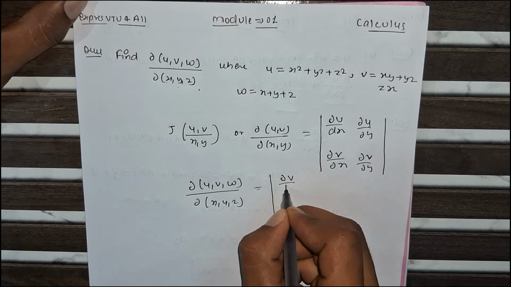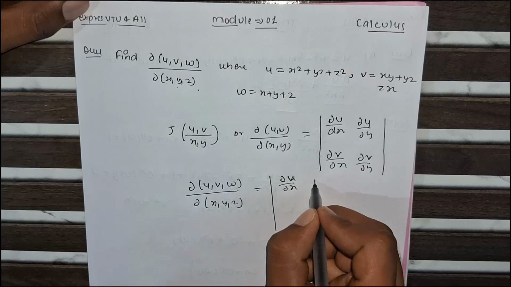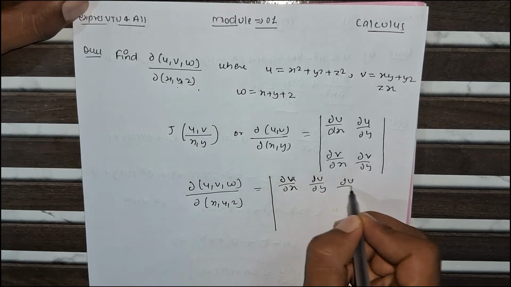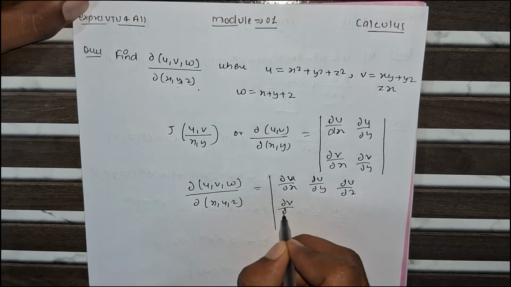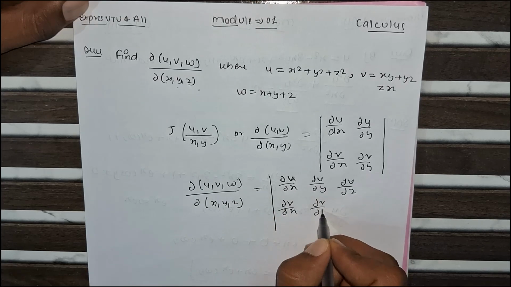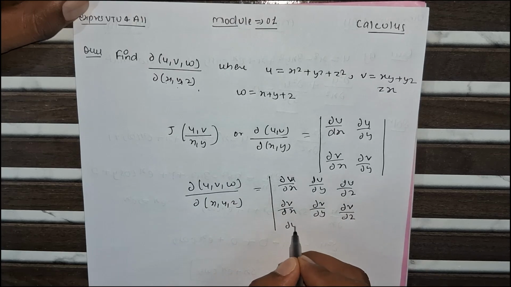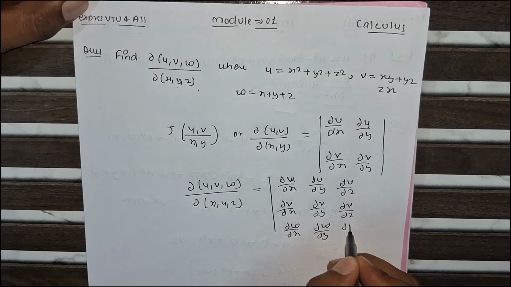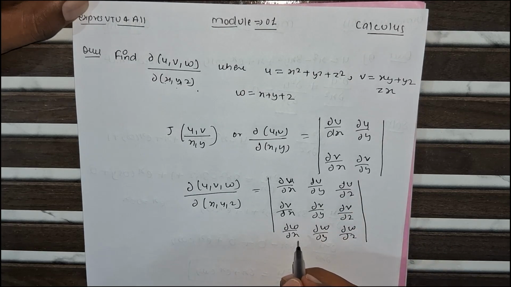Firstly del u by del x, del u by del y and del u by del z, like that del v by del x, del v by del y, del v by del z, like that del w by del x, del w by del y, del w by del z.